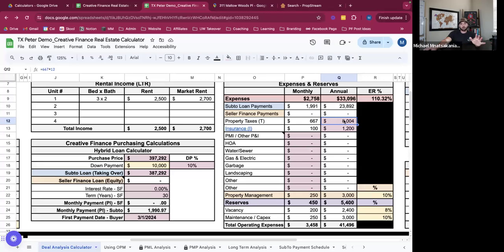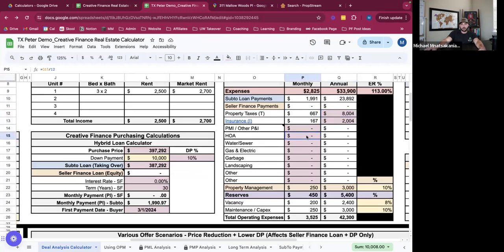It's a little nuanced, but you want the annual amounts. So the easiest way is to put 12 times 167 to get the annual amount, and then it should be the right monthly amount after. Usually you have the annual amount, sometimes you don't, and that's okay, you can just add that in there.